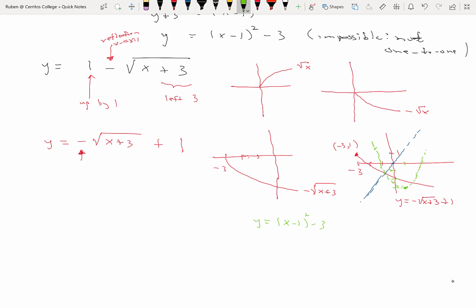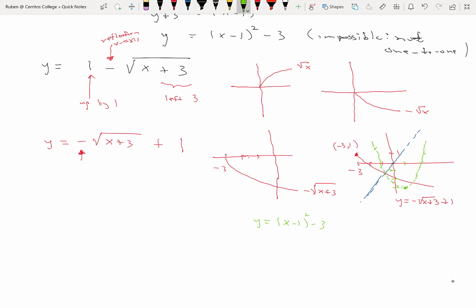That can't be an inverse because it's not one-to-one. So one of those branches goes away. Which one is it? If I erase the left branch of that parabola, I'm not going to get symmetry about the line y equals x.